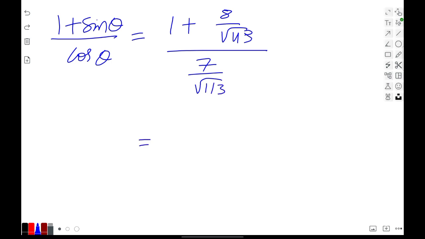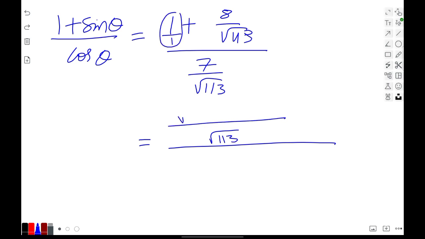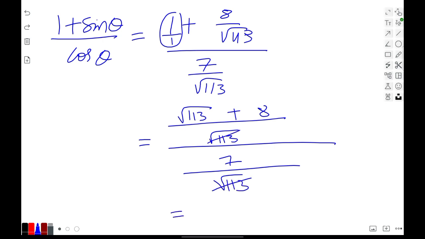So just do the LCM here, that is 113, and multiply and divide with 113 over here, so that you will get 113 plus 8 by 7 by 113. 113 will get cancelled, therefore you will get the final answer as root 113 plus 8 by 7.